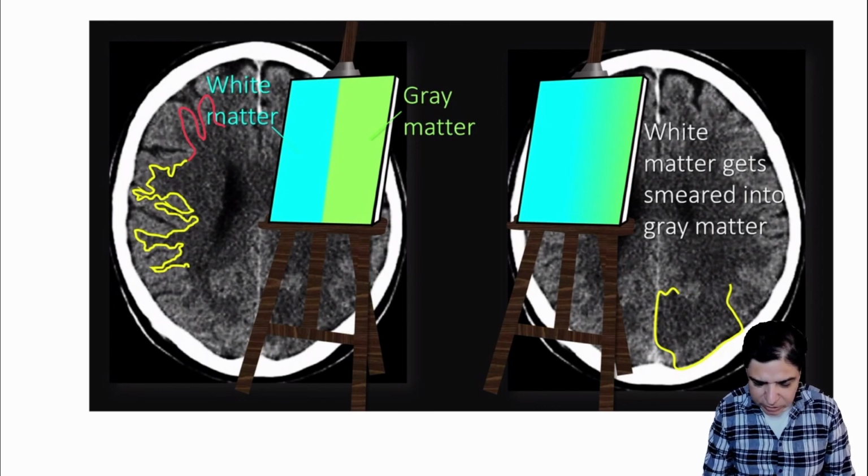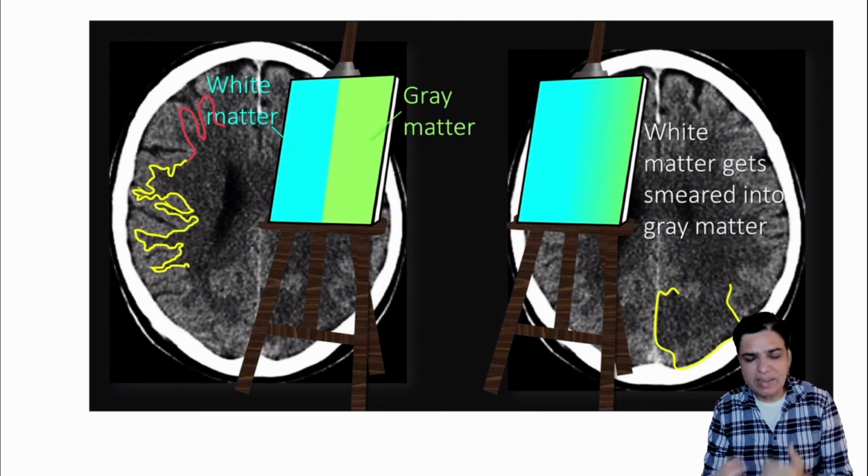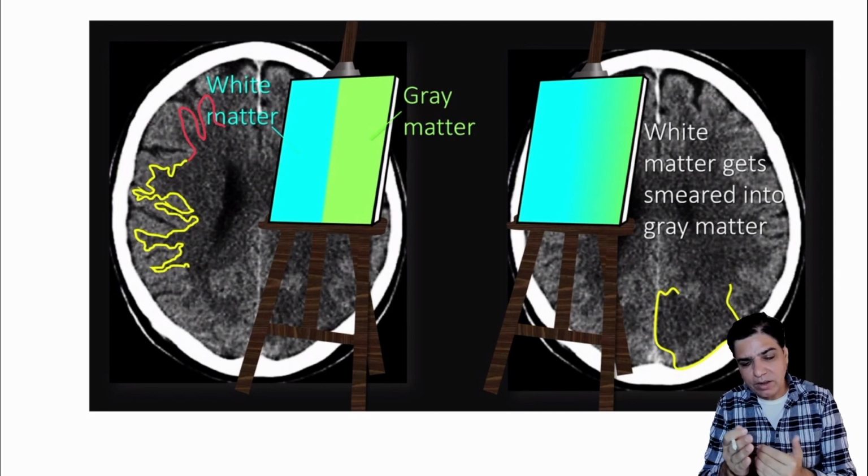But if that demarcation becomes very fuzzy, as if somebody has smeared paint, you don't see that exact boundary. You see the shades gradually changing from darker to lighter gray, but you can't see that very distinctive edge.